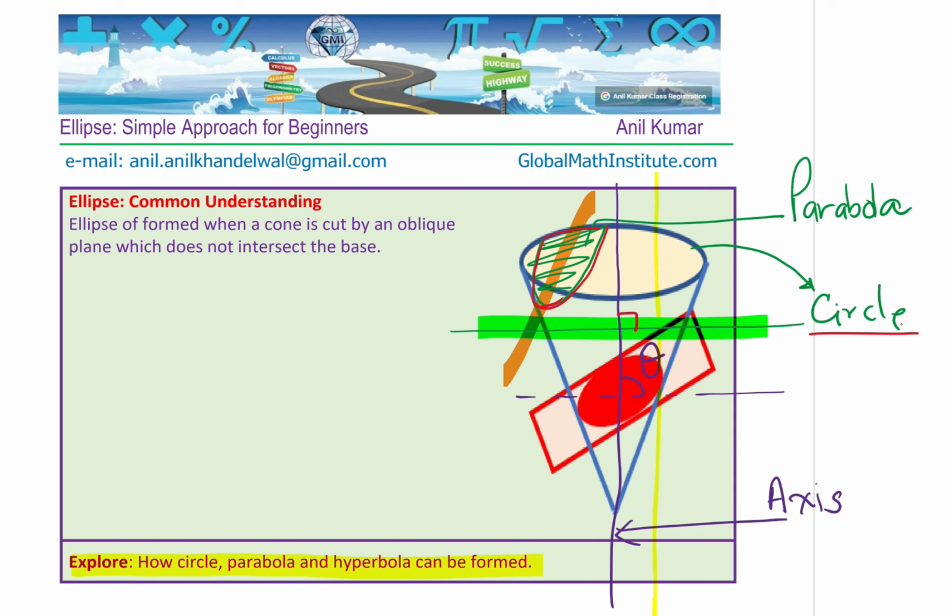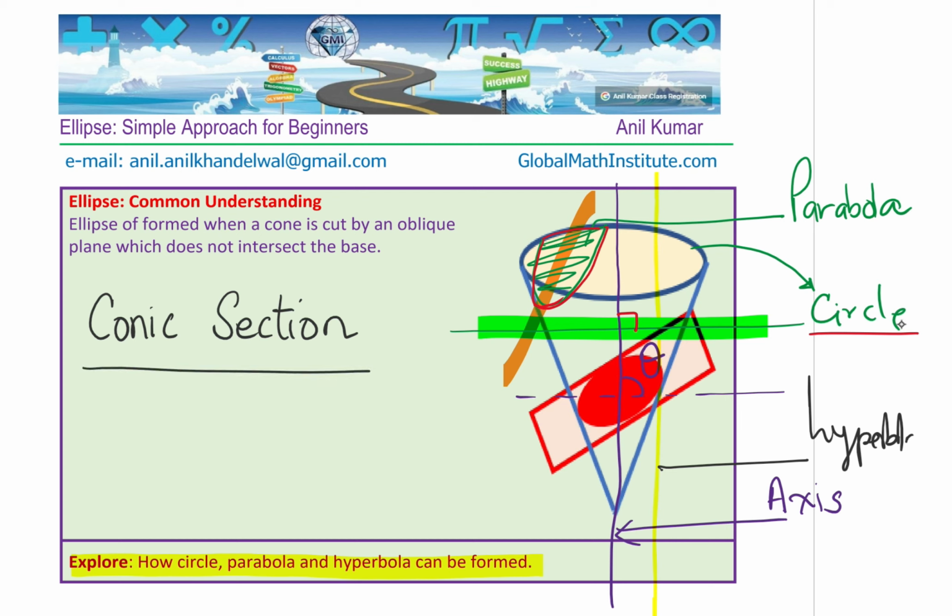And as you all know, and you've seen in my earlier series, the ellipse is a conic section. All the shapes which I'm talking about, including the hyperbola, are conic sections. It depends on how you slice the cone and then get the shape.